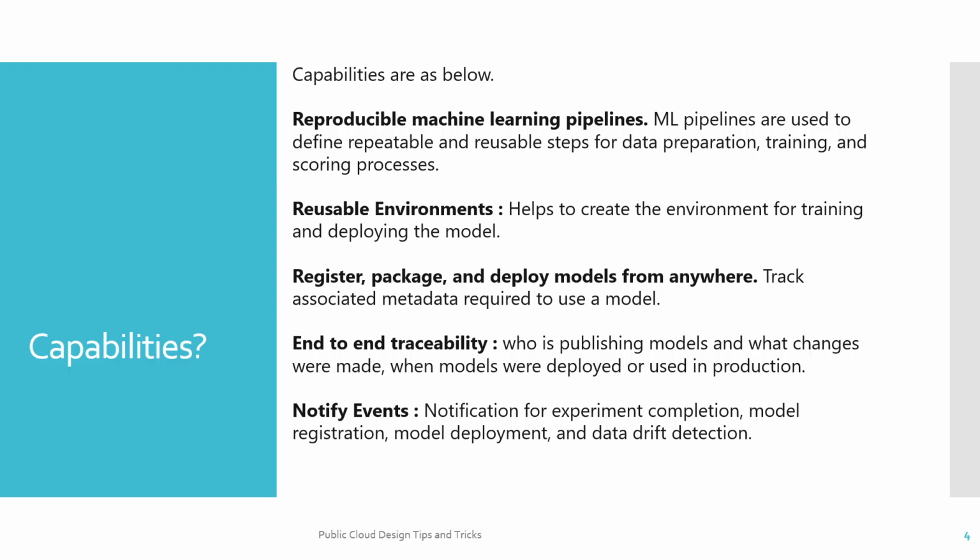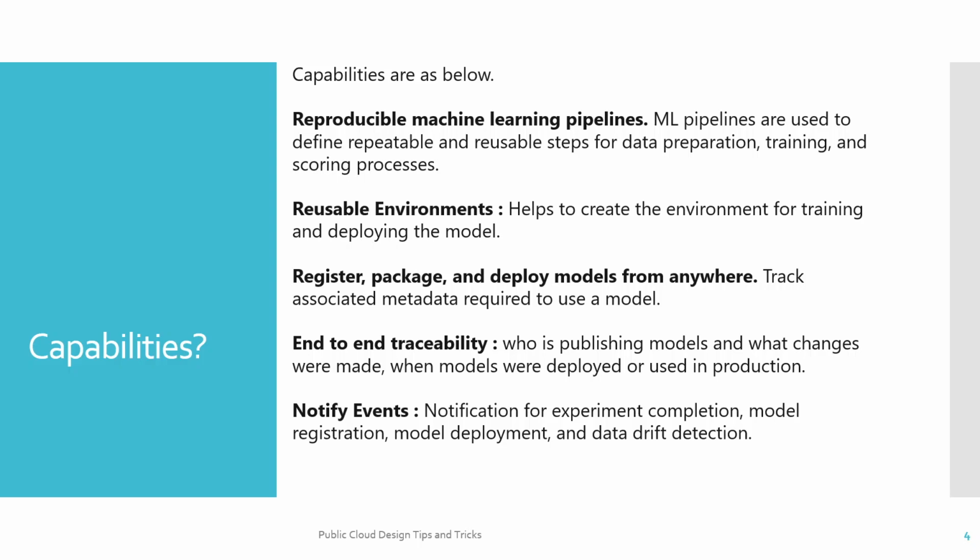Now, what are the capabilities of MLOps? I will go one by one. The first one is reproducible machine learning pipelines. ML pipelines in general are used to define repeatable and reusable steps for various ML lifecycle activities like data preparation, training, and scoring process.